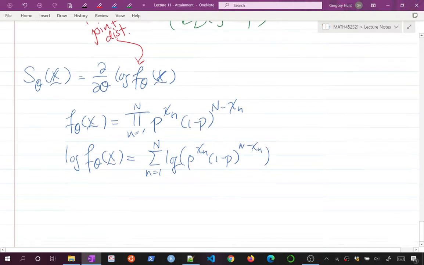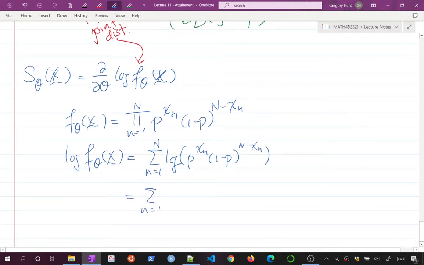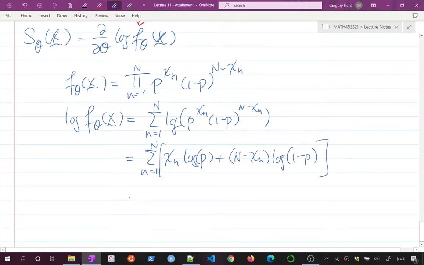Okay, something like that, right? And then we can distribute this log. The xn comes down. We get a log p. The product becomes a sum. Let's put some brackets around this whole thing. Sum. And the 1 minus xn comes down. By the end of this class, you'll be an expert at manipulating logarithms, which is the one real skill you'll retain from this. And then we get a log 1 minus p. Okay, close that, and then we can distribute our sum through.